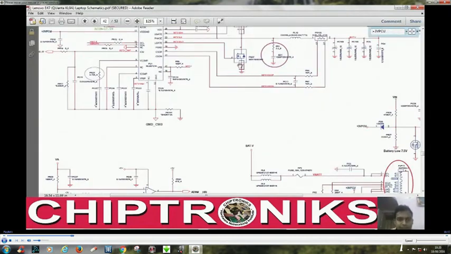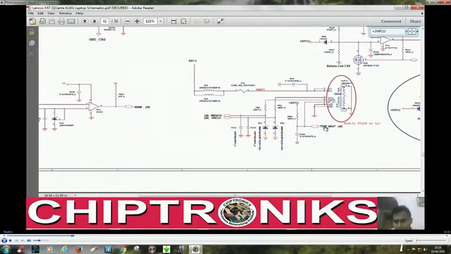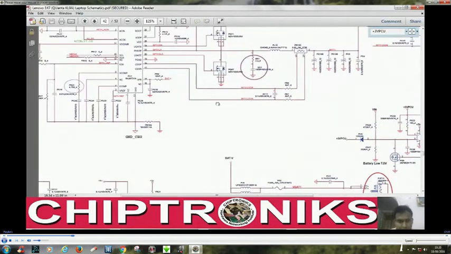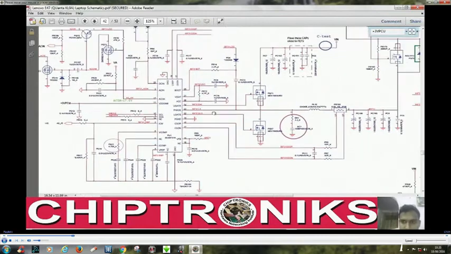Now we find here, you can see on each page, this is your 3V 5V voltage regulator.